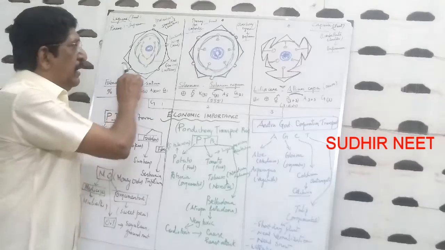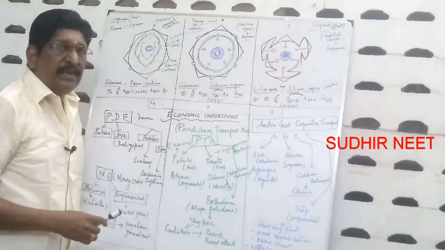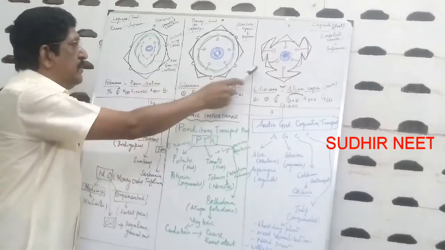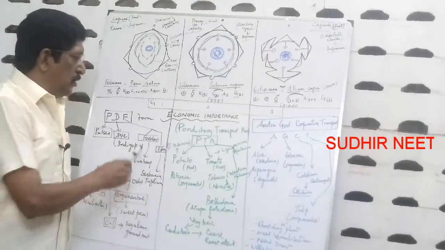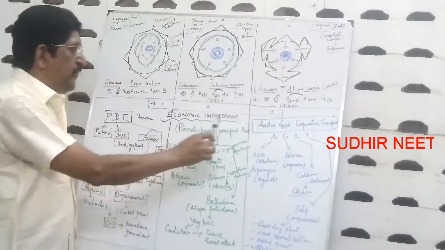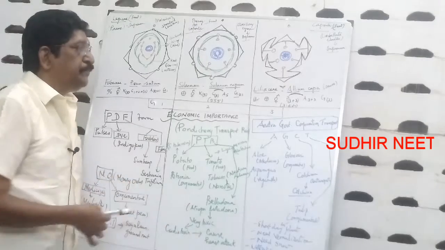So we have covered the floral characters of the three families with the base of the floral formulae and the floral diagrams. And also we have explained the economic importance of the three families, Fabaceae, Solanaceae and Liliaceae.